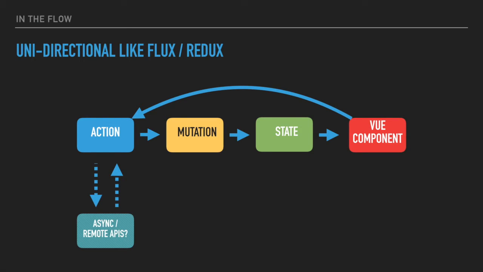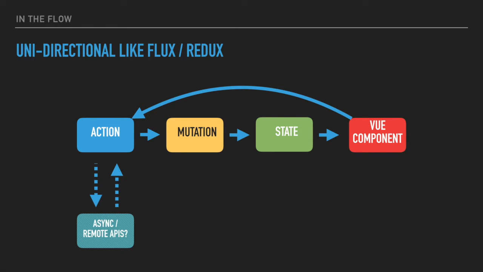Here you can see actions are where the async work happens. So yeah, you can connect to remote APIs in your actions. For example, you might be fetching data from a remote API.